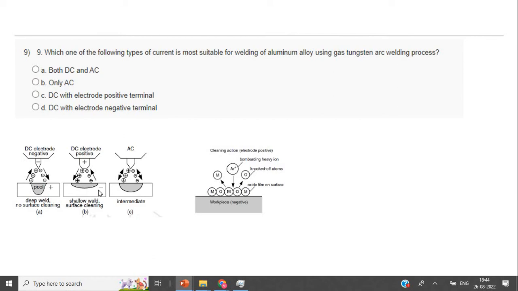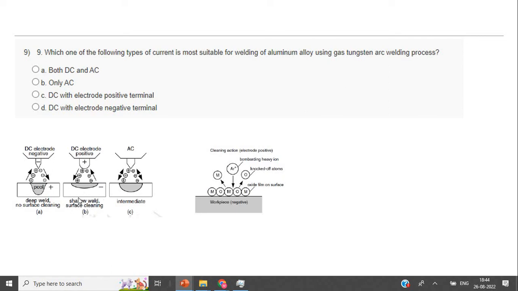See, basically, as we know, an aluminum oxide layer forms on the metal base plate, right? In DCEN it won't melt, so aluminum oxide inclusion will be there, and that is a defect. However, for the aluminum oxide on the base plate here, as I said, the work function is less, so obviously electrons will be released from it instead of the pure metal. So the aluminum oxide will be removed. That is called surface cleaning.